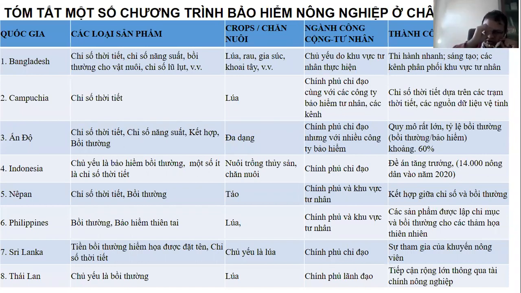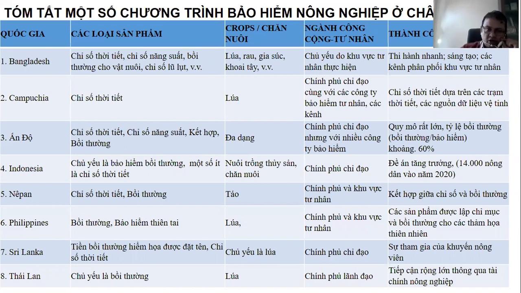Of course, there are many more experiences which we have not been able to document, but it's just a snapshot of experiences we are aware of where we've been involved in some way. You can see the different countries, and then the product categories which have been tried out in the different countries.